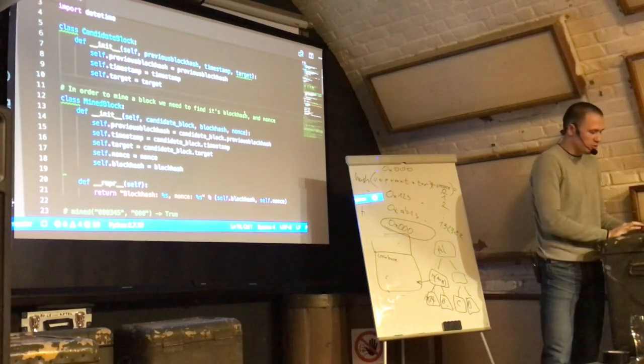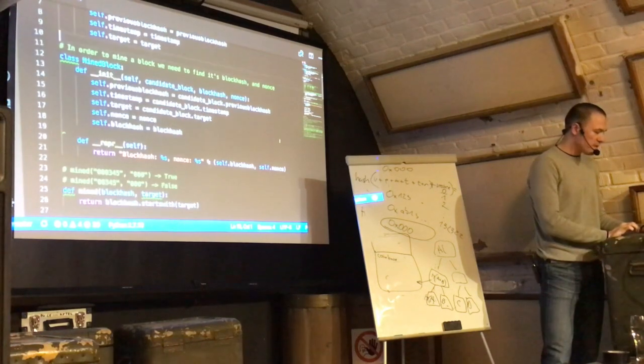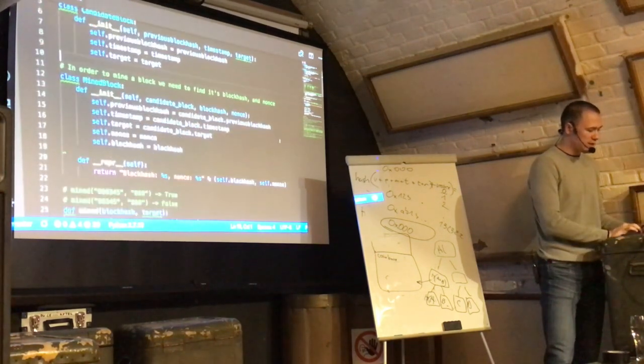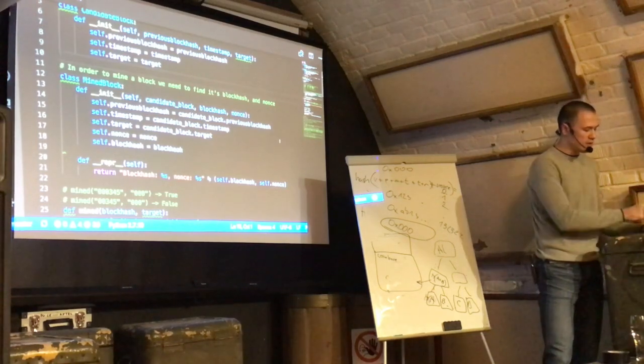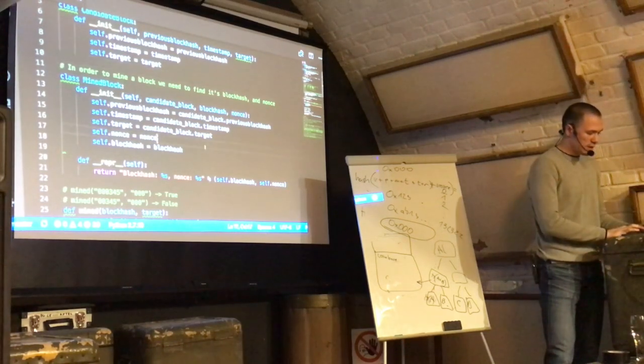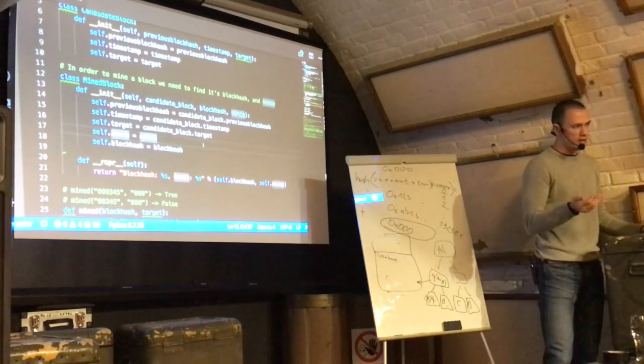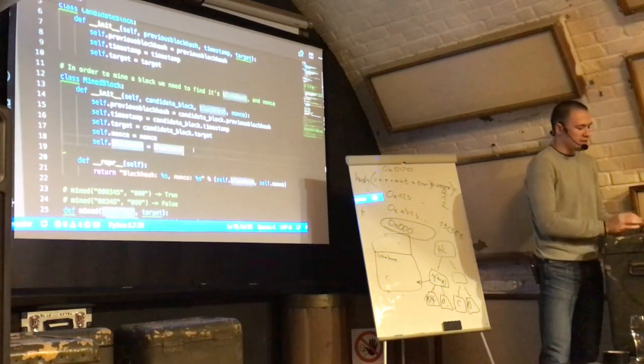I could put in version, but it's not important for this demonstration. So what does the mined block have that the unmined block doesn't? It also has the nonce and the block hash. The nonce is that valid nonce that it mined, and the block hash is what identifies it.